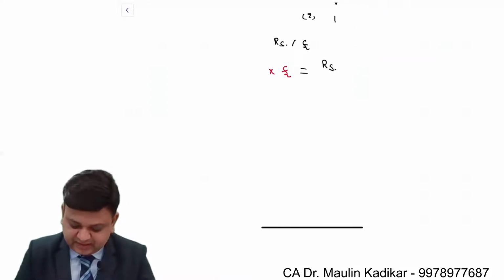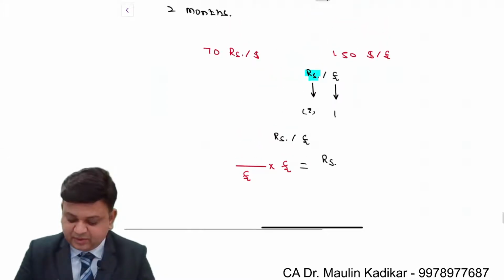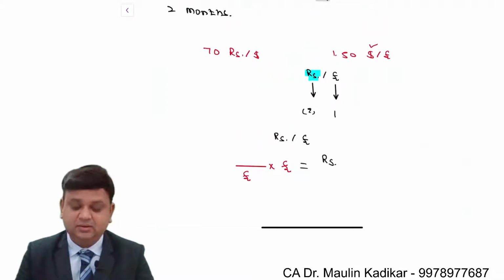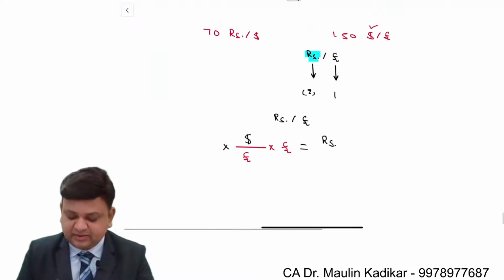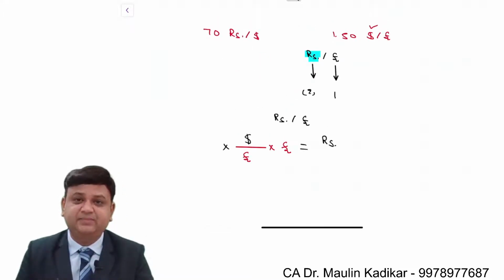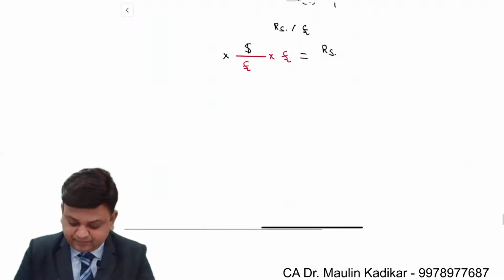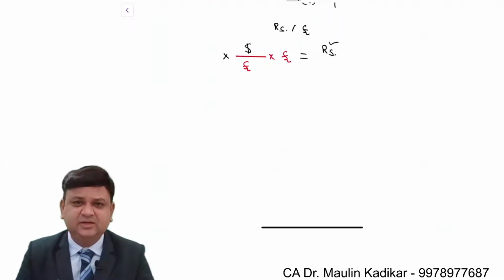Now against pound, we have been provided with the dollar currency, so I'm mentioning dollar currency over here. Why? Because we have been provided with the dollar currency against the pound currency. I require the answer in rupee terms, not in dollar terms.